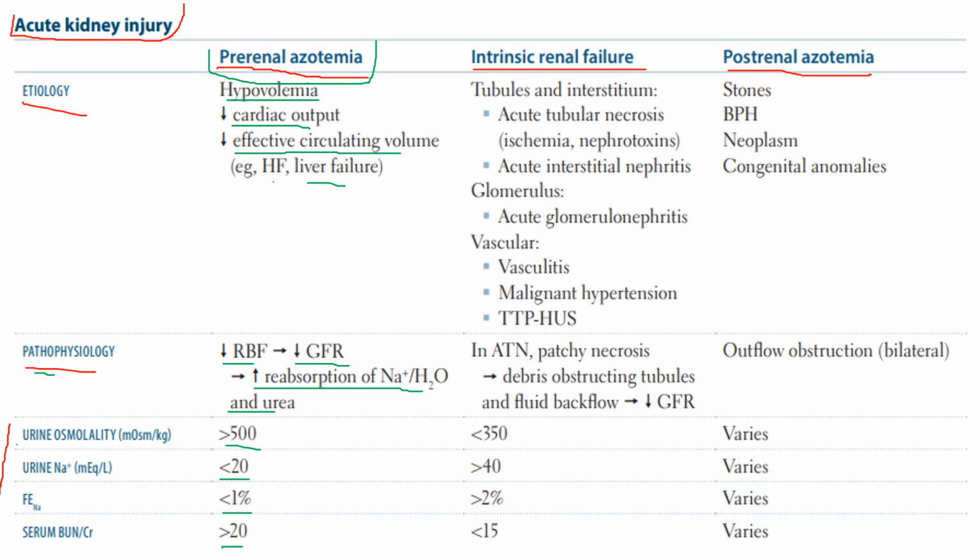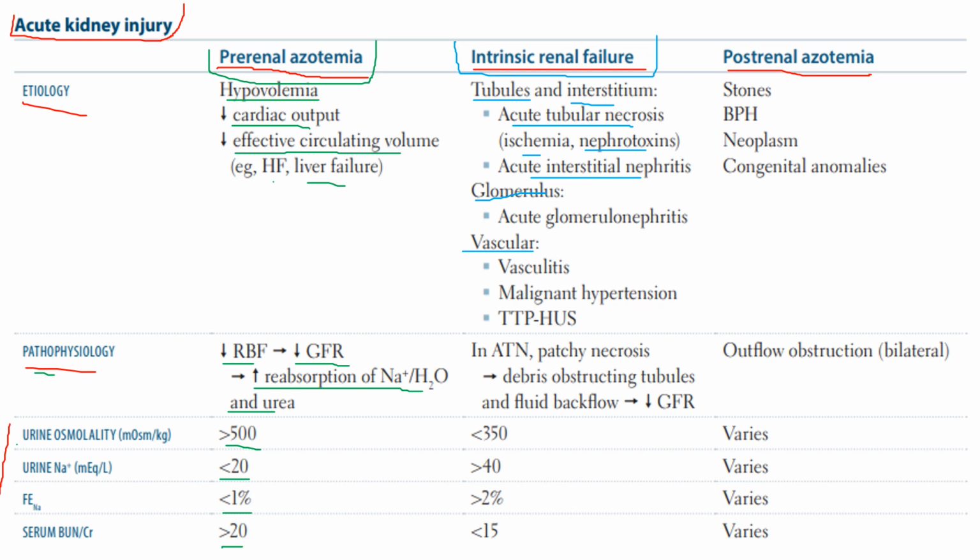Now we'll talk about intrinsic renal failure, which can occur in the tubule and interstitium, in the glomerulus, or in the vasculature. For tubular and interstitial causes: acute tubular necrosis, for example from ischemia and nephrotoxins, and acute interstitial nephritis.